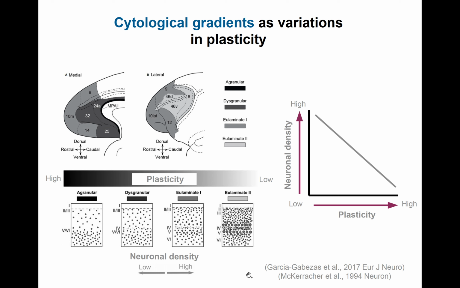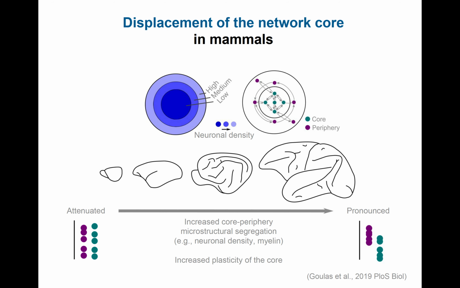In other words, the more myelinated an area is, and the more neurally dense an area is, the lower the plasticity of that area is. With these observations now, we can have a potential functional ramification of the phenomena that we observe.